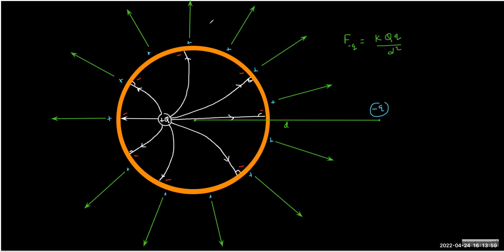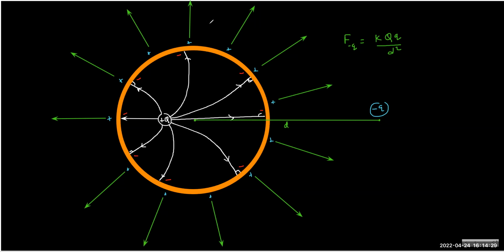But the outer surface will have no influence because the influence the plus Q is creating is terminated by the induced charge on the inner surface, because its net magnitude is equal to that of plus Q. So now the outer induction is not influenced by what is kept inside.